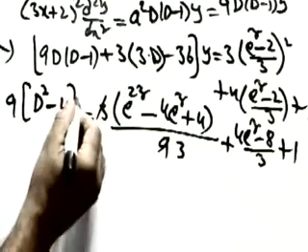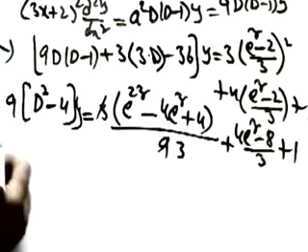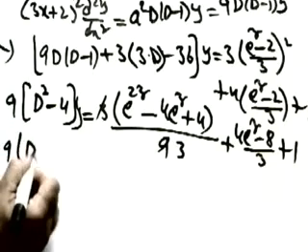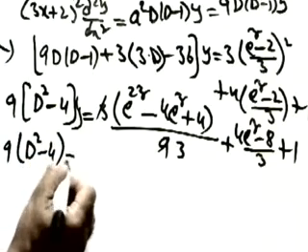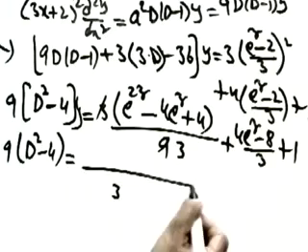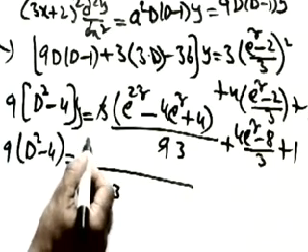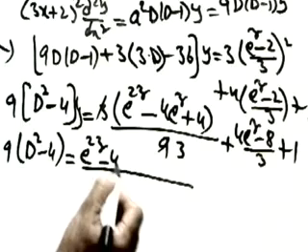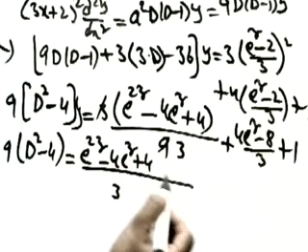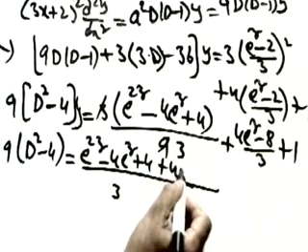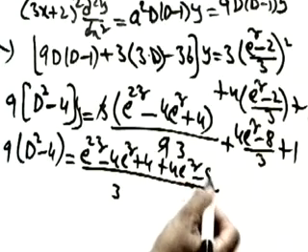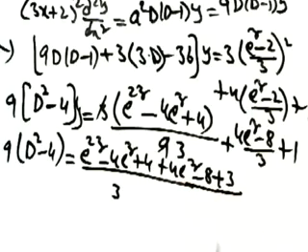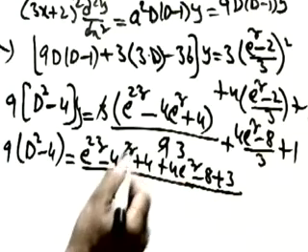Now let me take LCM here. So into y we have 9 into (D square minus 4) equals, if we take 3 LCM, what do we get: e power 2z minus 4 e power z plus 4, plus 4 e power z minus 8, plus 3 ones are 3.